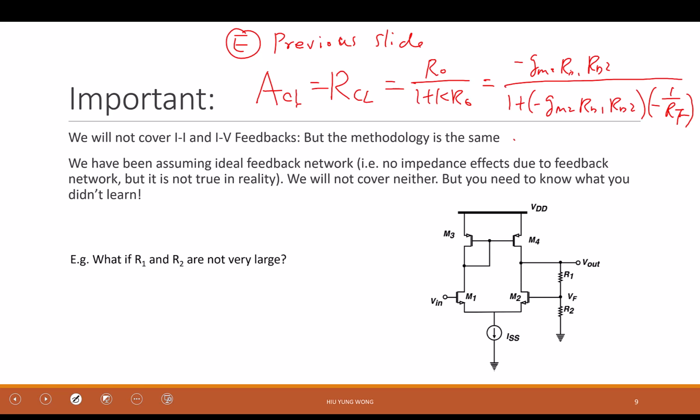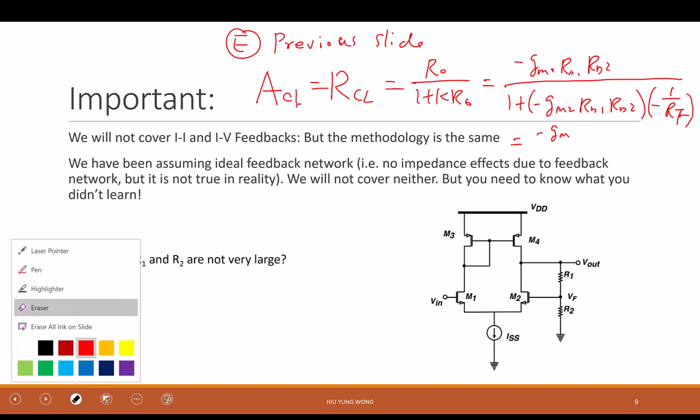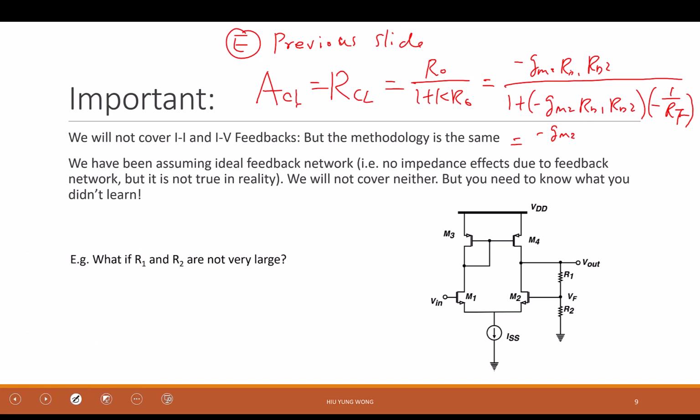So then I get negative GM1, GM2, RD1, RD2 divided by 1 plus GM2 RD1 RD2 divided by RF.